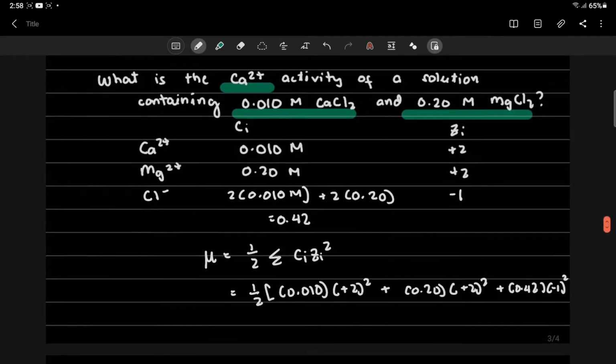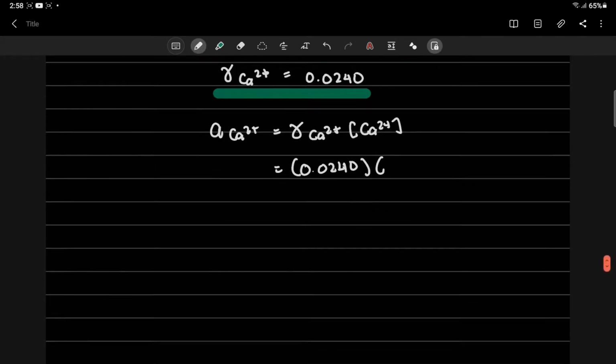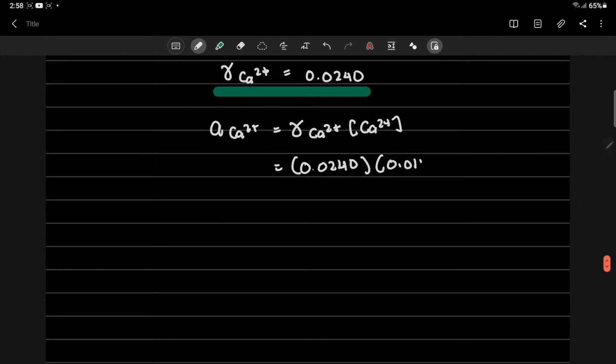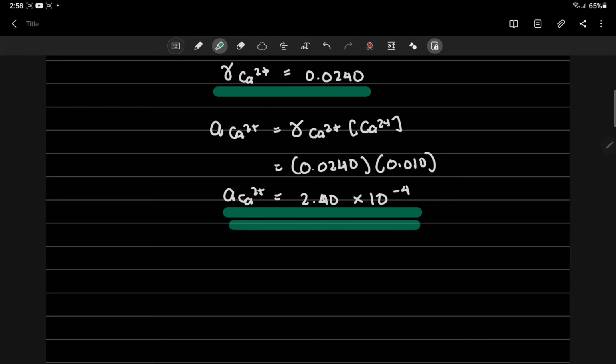Right? That's your 0.010. Okay? And therefore, your activity or effective concentration for the calcium ion is 2.4 times 10 raised to negative 4. That is now the final answer.